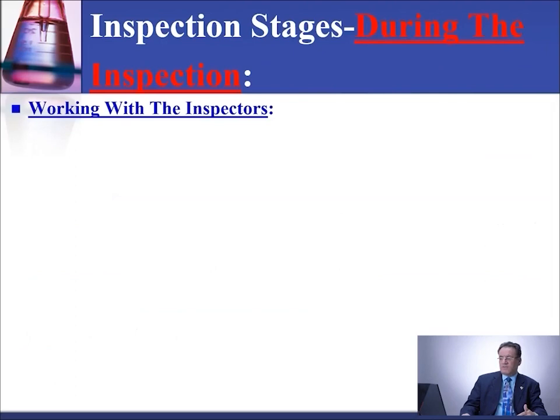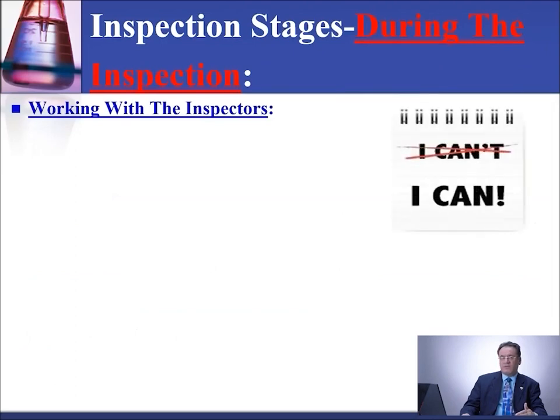Also, during the inspection, I'm going to tell you now how to work with the inspectors. In announced and unannounced inspections, we decide who works with the inspectors. We assign them.